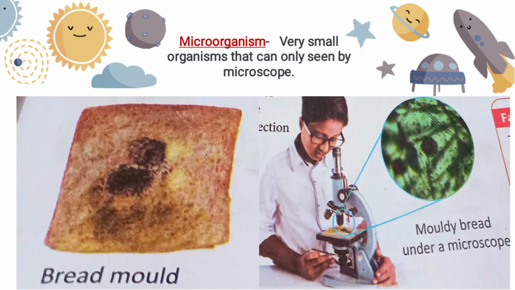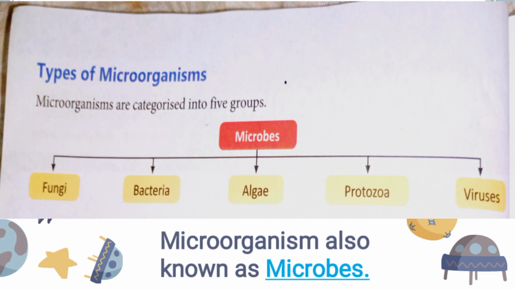So, what is a microorganism? A very small organism that can only be seen with a microscope. Those organisms are known as microorganisms. Now, what are the types of microorganisms? Microorganisms are categorized into five groups: fungi, bacteria, algae, protozoa, and viruses.